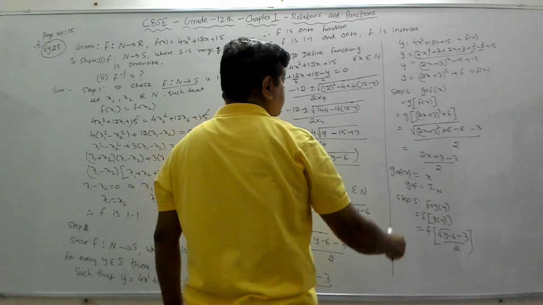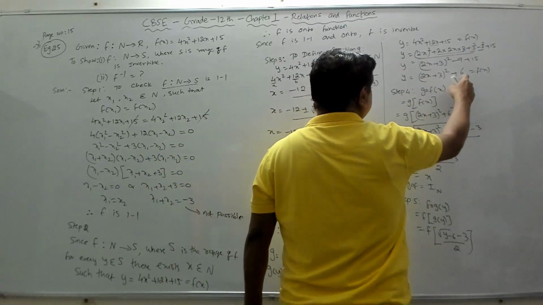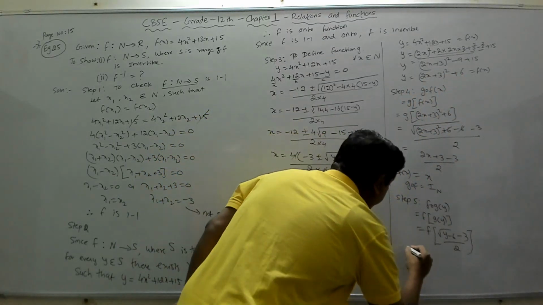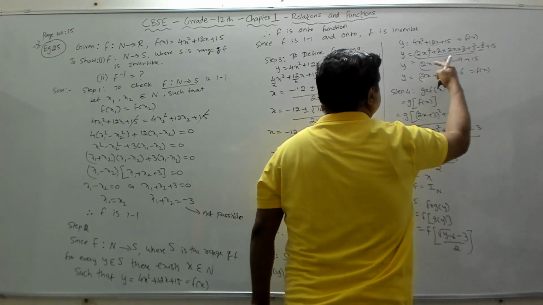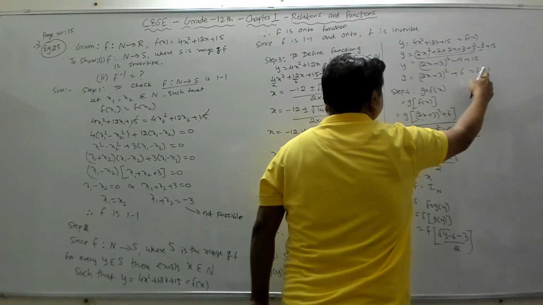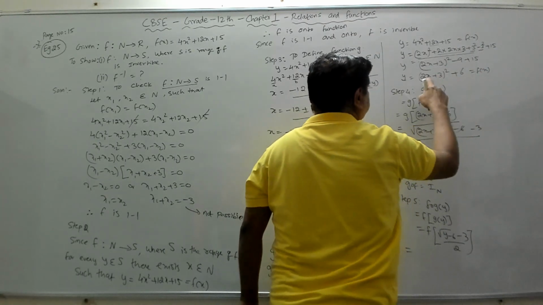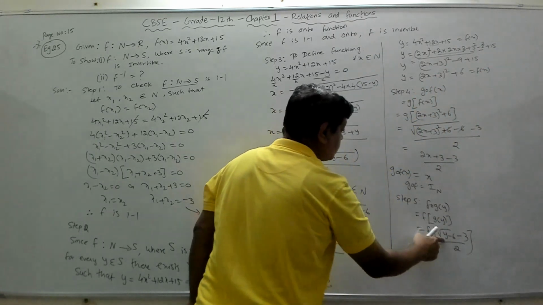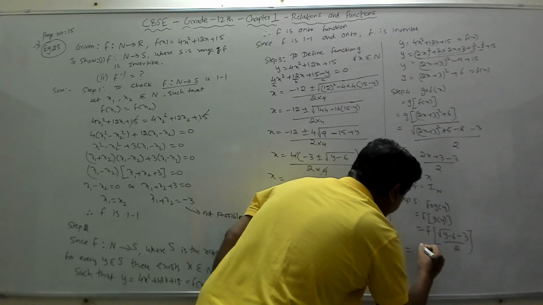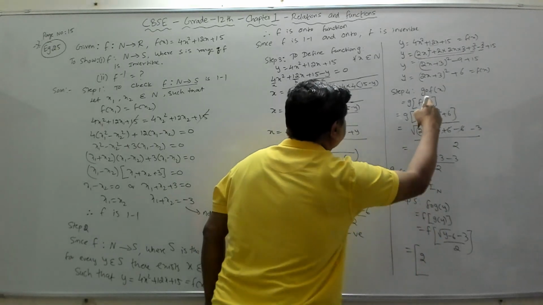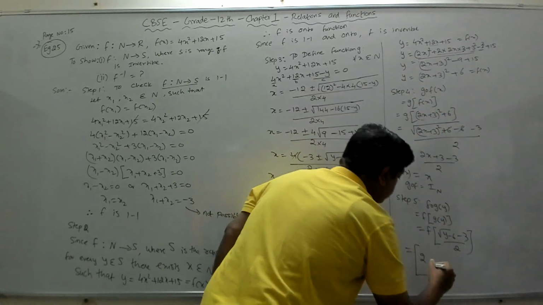So now what is f of x? f of x is 2x plus 3 the whole square plus 6. Which means, in the place of x, I have this. So I will write it as 2 into x. x is what? x is this.